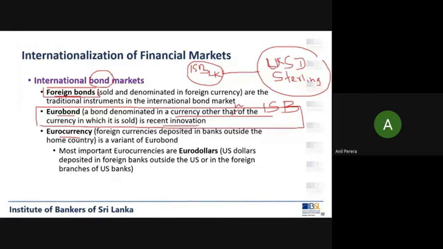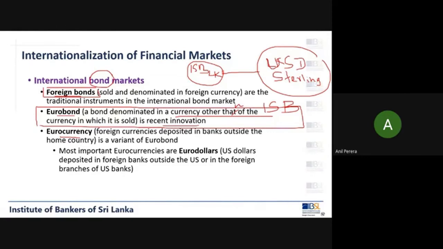I hope you have heard of the Cold War. During that period, there was a struggle between the USA and the Soviet Union. The USA was under threat, and they were scared that the USSR, Russia, might attack them. As a result, they kept part of their money outside the US banks.